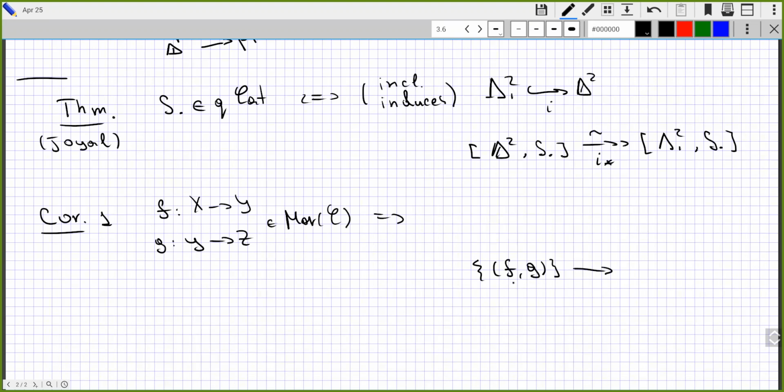We regard this as a point. I'll say in a moment. Let me draw. So that is our theorem, basically Joyal's theorem, and here we've got the fiber product.